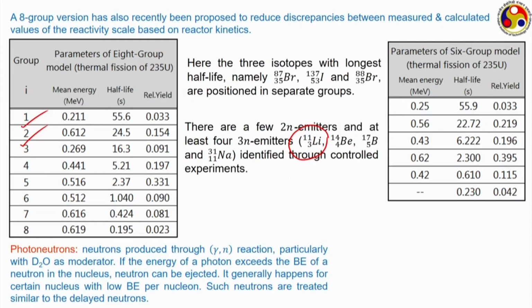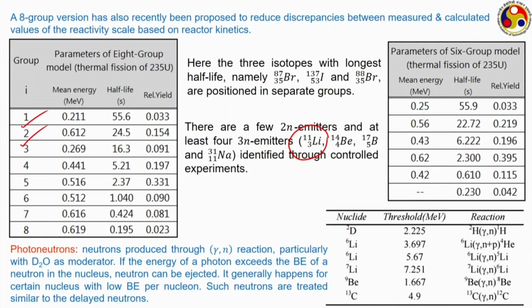There are certain elements or nuclei whose binding energy per nucleon is quite low, and when that is hit by a photon of sufficient energy, it can lead to the emission of photoneutrons. But these are quite a few examples. Like you can see for deuterium, we calculated this earlier in our first module.